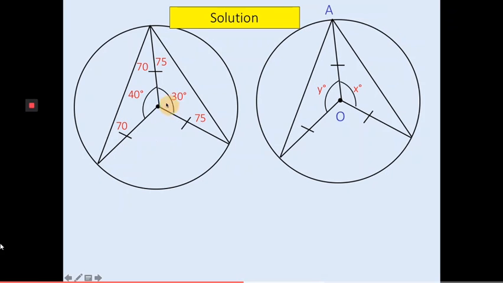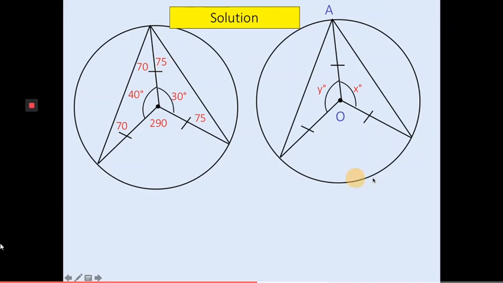Now, angles around a point here add up to 360. So 360 take away 40 take away 30 gives me 290. What do we notice? Well, we've got 145 and 290. So we can see 290, the angle at the centre, is twice the angle, 145, at the circumference.